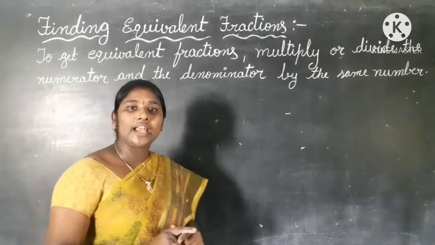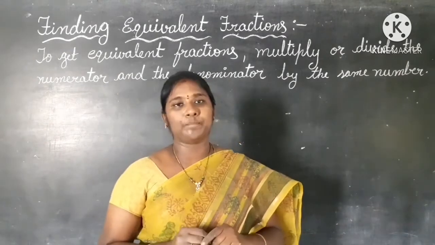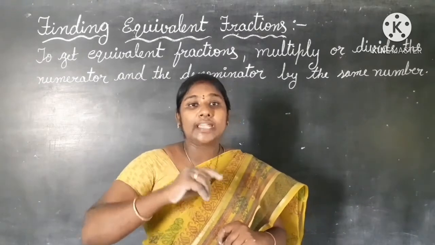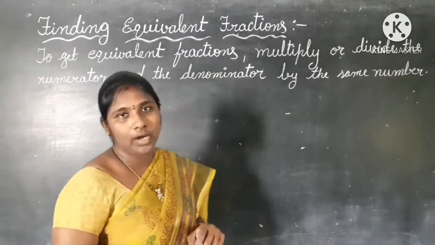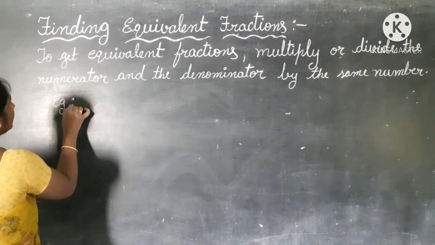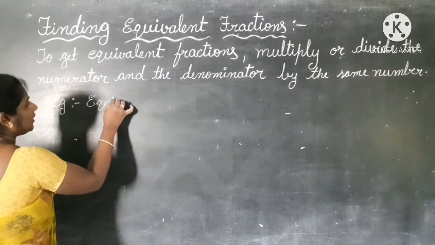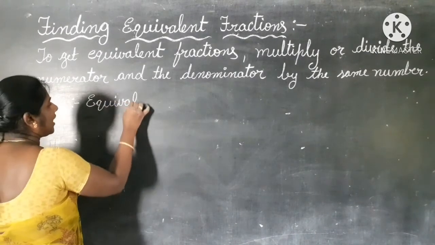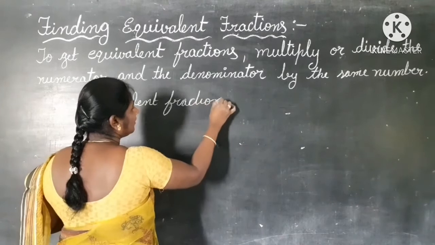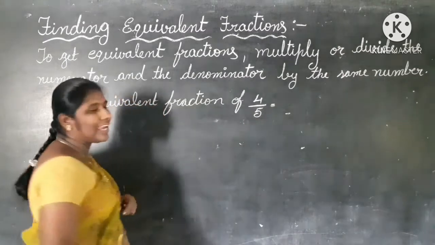To get an equivalent fraction of the given one, what do we have to do? Either multiply or divide both numerator and denominator by the same number. For example, the equivalent fraction of 4 by 5.